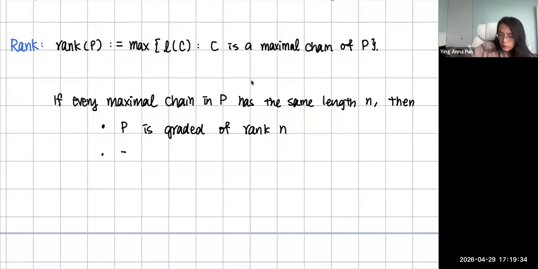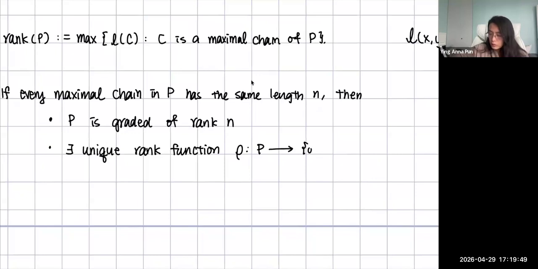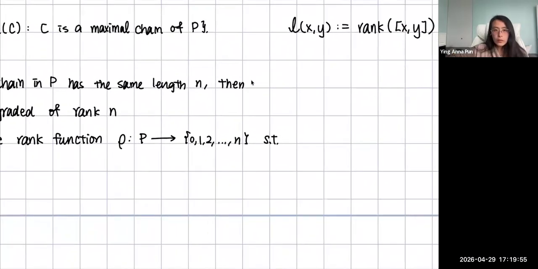And then there is a unique rank function. You can find a unique function rho from your poset to 0, 1, 2, up to n, and it's a surjective map.